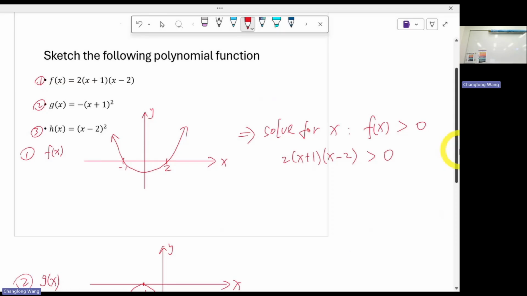If you want this to be positive, it's the same thing as asking what intervals of x so that the graph of f of x will stay above. The function value of f of x will be positive means the graph stays above the horizontal axis.